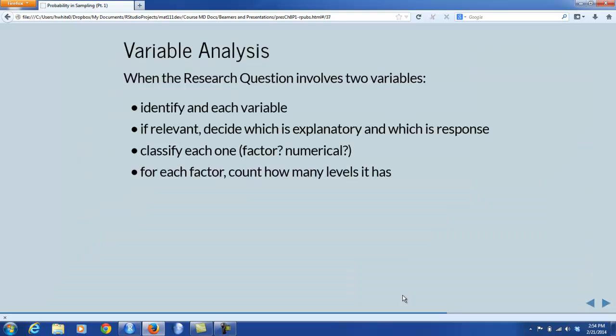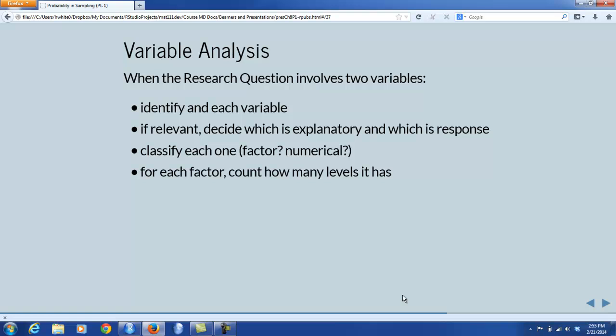Another really important tip is to use variable analysis as much as possible. When the research question involves two variables, as it often does, you want to try to identify each variable. And then, if it's relevant, decide which variable is explanatory and which is the response variable. Also, for each variable involved, classify it.